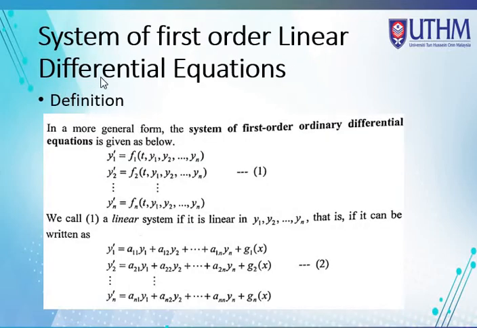A system of first order linear differential equations can be written in this form. If y1, y2 and yn are linear, then we can say that it's a linear system and it can be written in this form. y1 prime equals a11 y1 plus a12 y2 plus and so on, up to a1n yn plus g1(x). Similarly for y2 prime to yn prime.